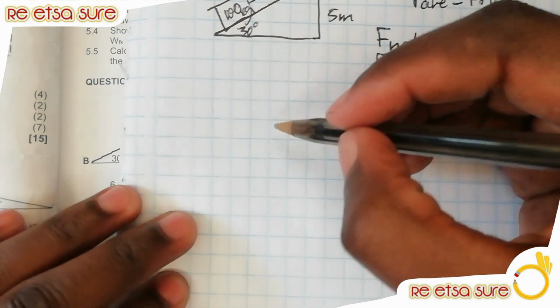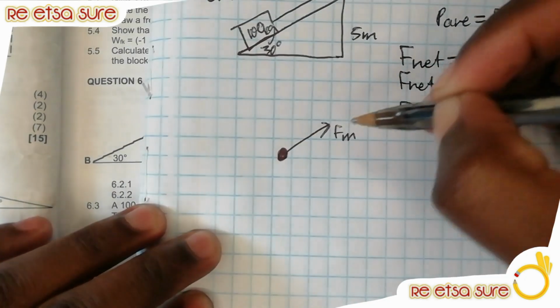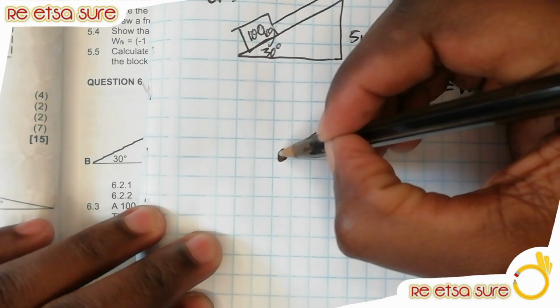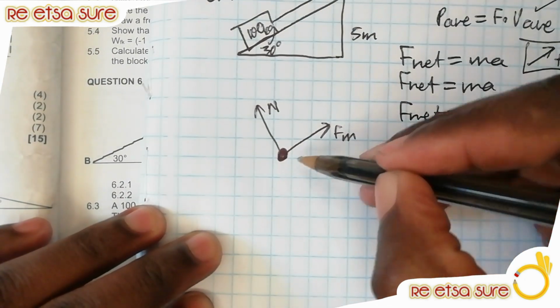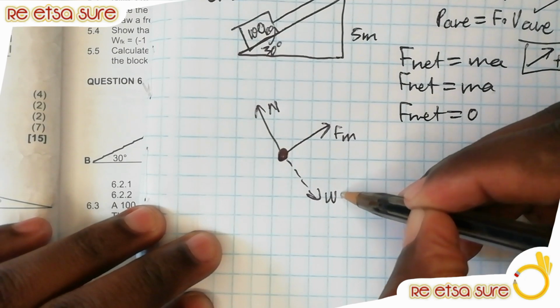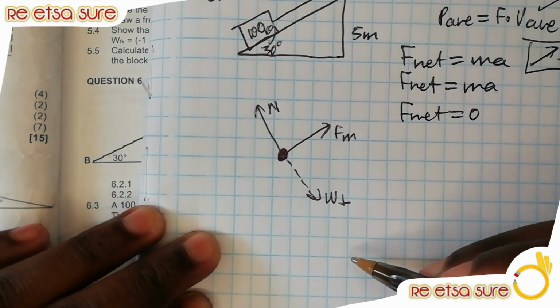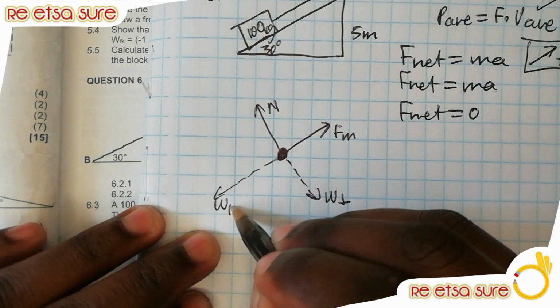Now we need to draw a free body diagram showing all the forces acting on our block. So we have the force delivered by the motor, we have normal force acting perpendicular to the surface, then we have the perpendicular component of the weight, and we have the parallel component of the weight.